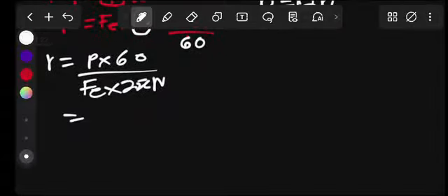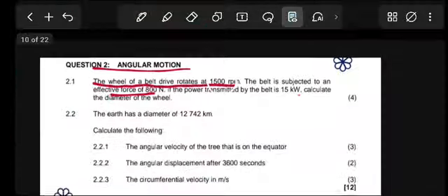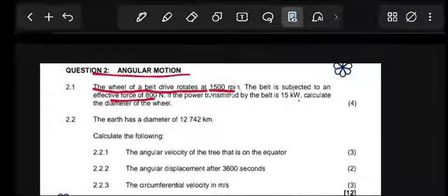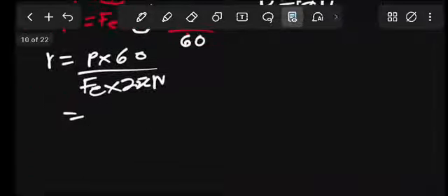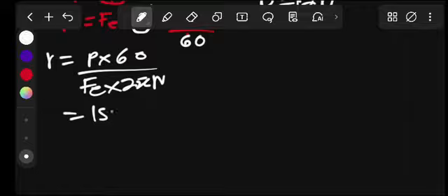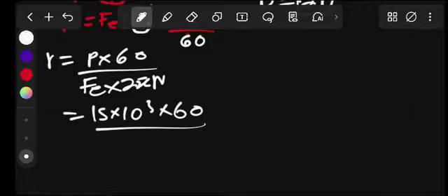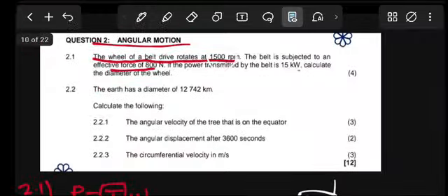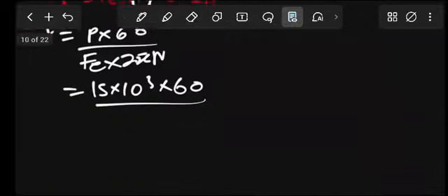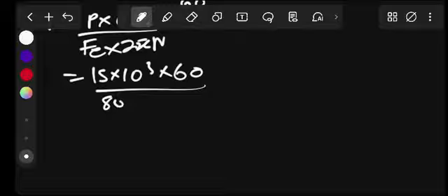So we've been given that the power is 50 kilowatts. So 50 times 10 to the power of 3 multiplied by 60, divided by the effective force, which is 800 Newton, multiplied by 2 pi.